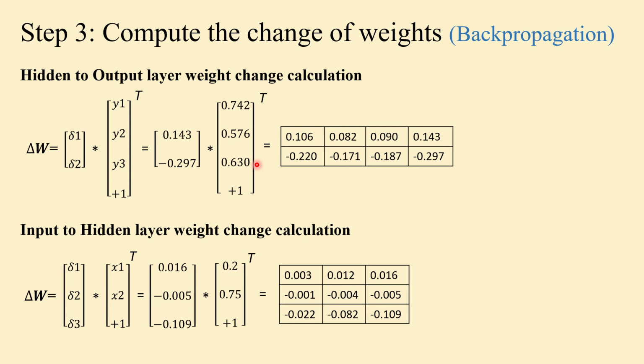Generally, the value of eta varies from 0.001 to 0.05. So this particular value should be multiplied with eta. That is what I have forgotten to write over here.